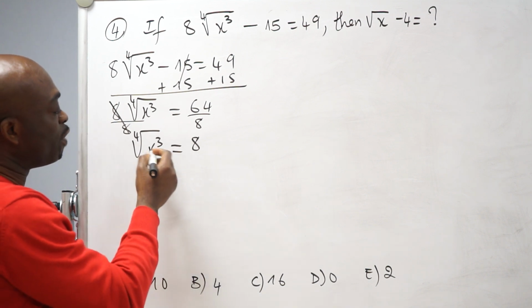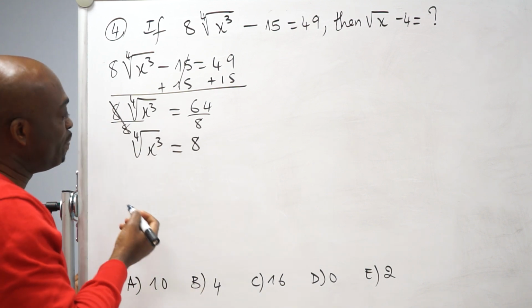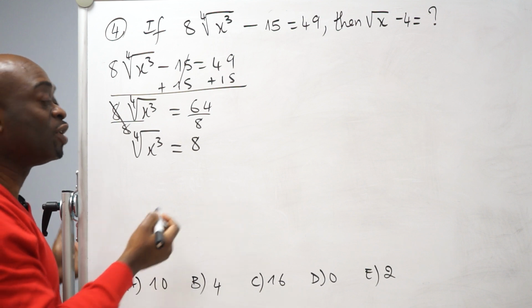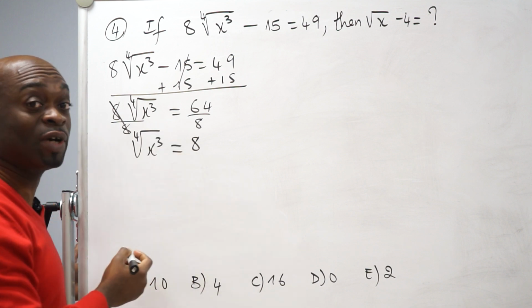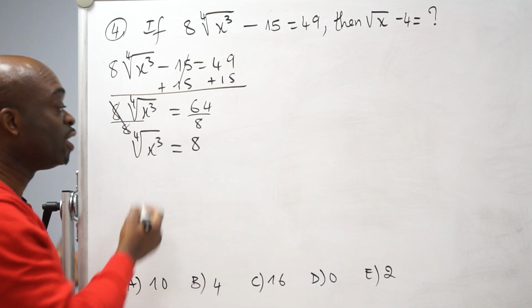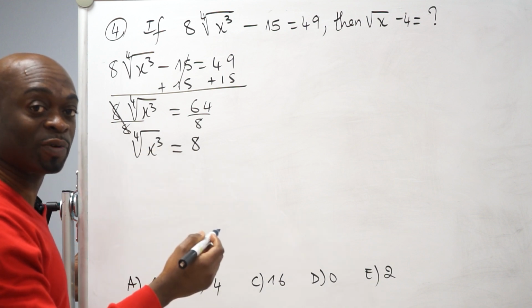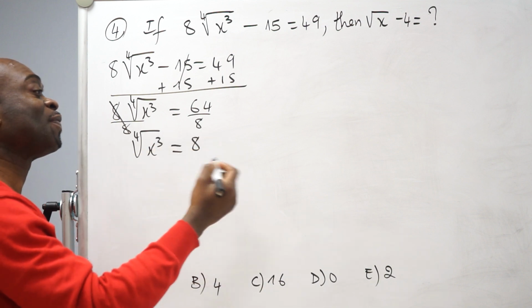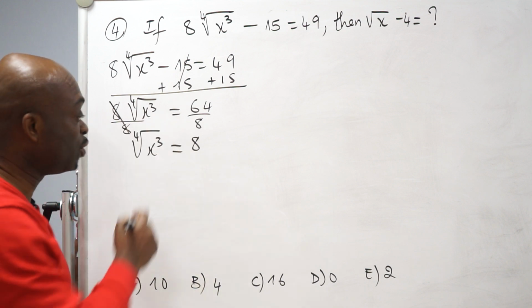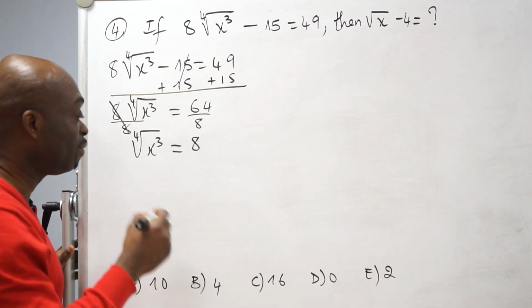Do not forget we're solving for x, right? So we have the 4th root of x to the third power here. The best way to look at this one is to rewrite it into exponential format. You can always do that. When you have a radical, you can write it in exponential format, or if you have exponents, you can write it back to the radical format.